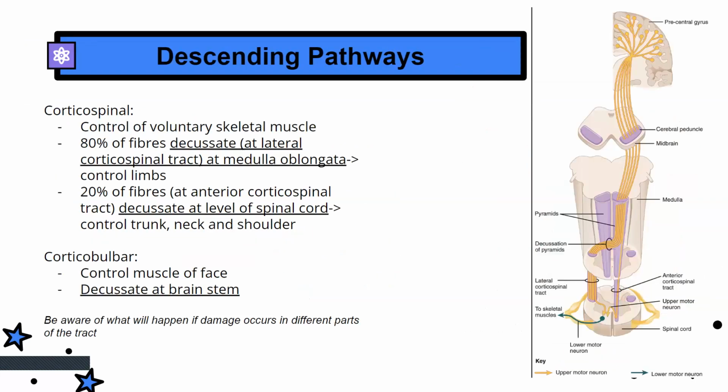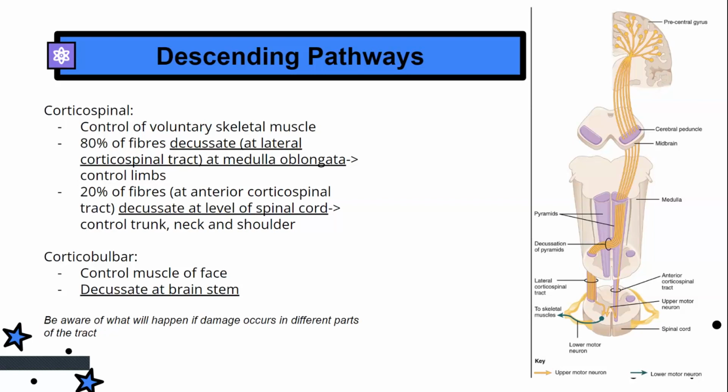Finally, descending pathways. This is a bit more straightforward in that, now that you've received the instructions, I want to send out an action. Your action will go down. What's unique is that 80% of these fibers go down and decussate at the level of the medulla oblongata. The medulla oblongata is placed within the brain stem, which is positioned at the back of your head.